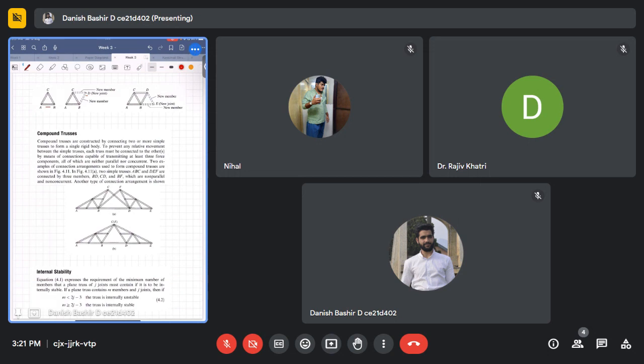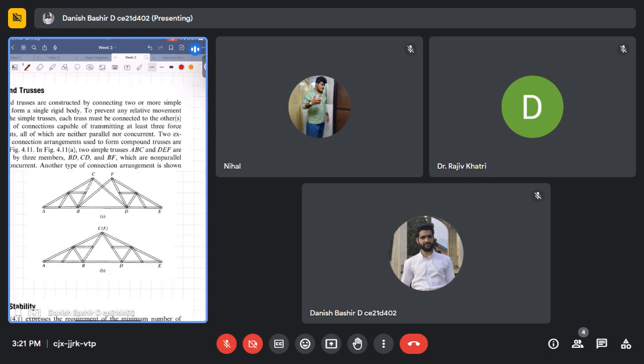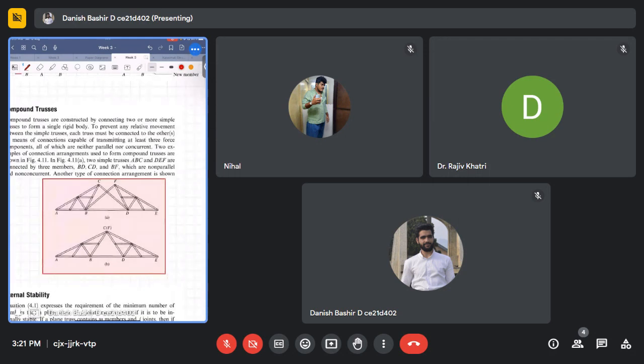So here you can see these are compound trusses.